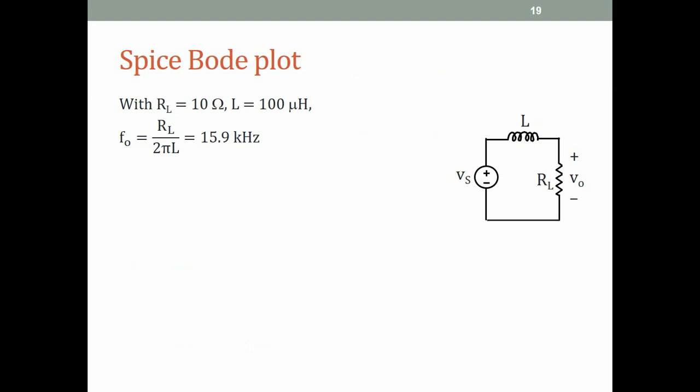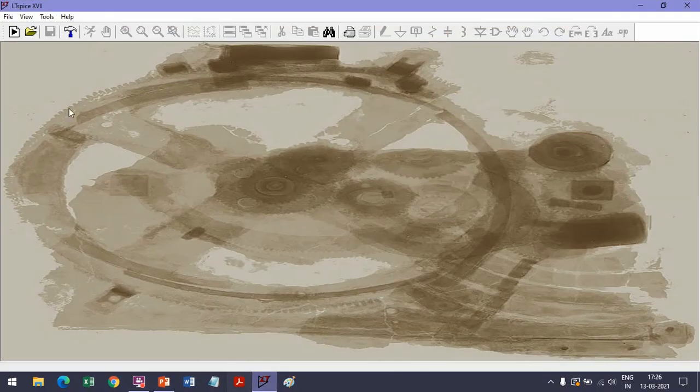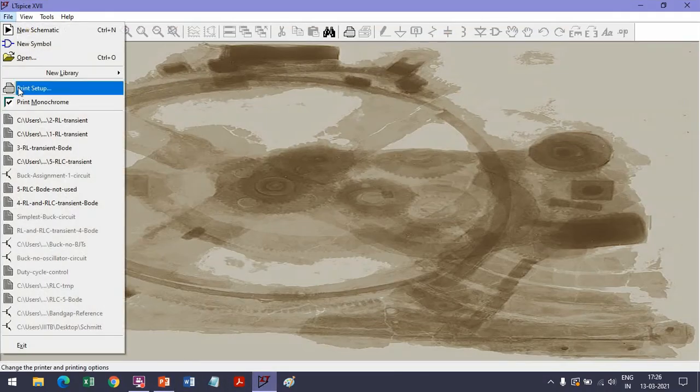Alright, now let us do a little more SPICE simulation in the frequency domain. So we use the same numbers, 10 ohms, 100 microhenry. Now we'll apply an AC signal and see the output of the circuit. So let us see, where is the circuit?